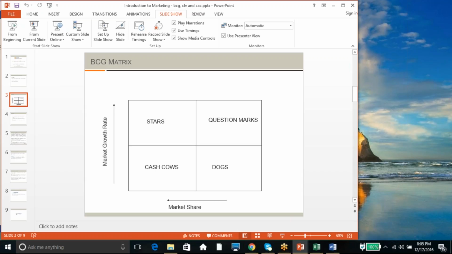So if you look at mobile apps, it's heavily growing year on year, and so everybody wants to build an app. So you are in a high market growth rate segment. But when you're starting, your market share is very low, so you have to start as a question mark. How quickly you are able to transition from a question mark to a star category is the whole game of the business.